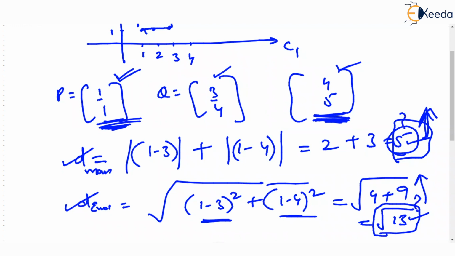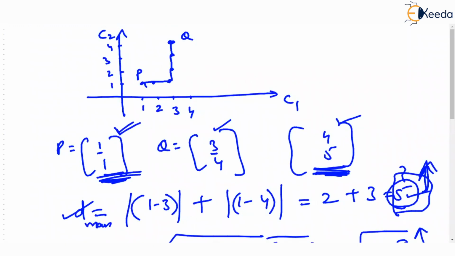How you are measuring distance is not important. Whether you use Manhattan or Euclidean, both represent distance in their own form. So yes, in fact, Euclidean distance is this direct diagonal. This is the Euclidean distance.